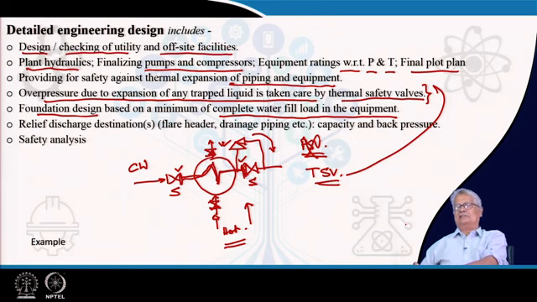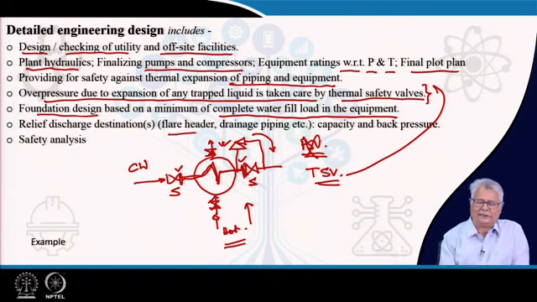In some cases, if it is a benign discharge, maybe a little bit of steam, it could be discharged to the environment or the ambient, but it has to be located such that it does not pose any threat to the working personnel around. If it is a hydrocarbon or a toxic vapor, it has to be discharged to a flare header. You definitely have to check that any such discharge is discharged safely.